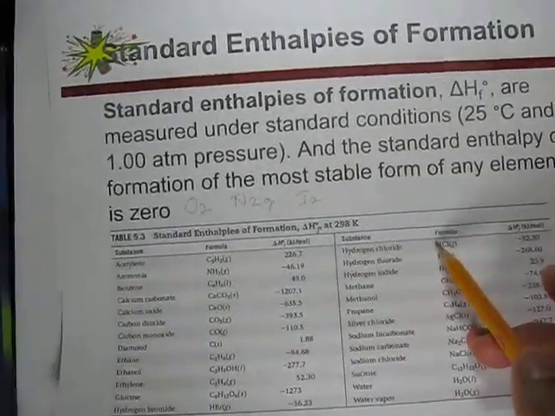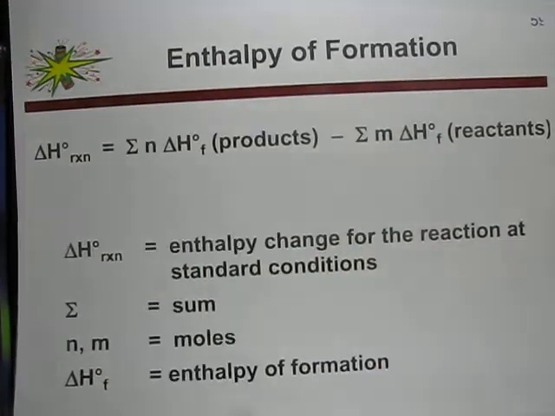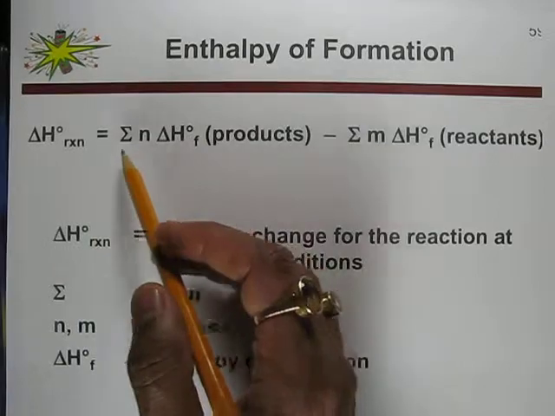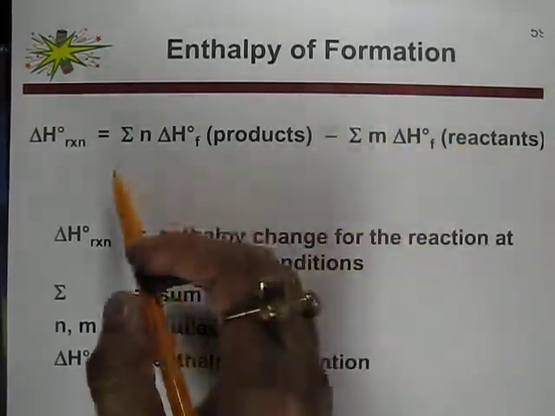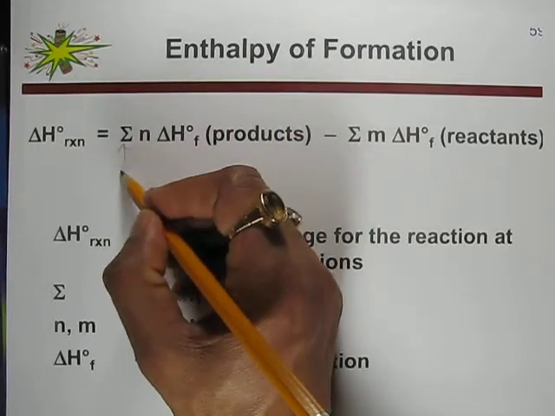And how do we calculate these enthalpies of formation? For a reaction, let's see that. The enthalpy change of any reaction can be calculated using this formula. This sign is the sum.